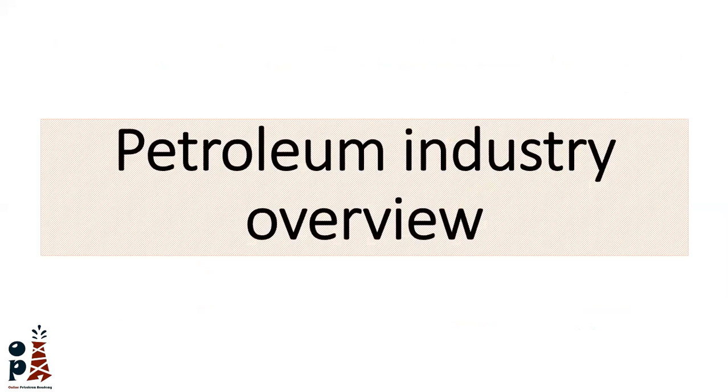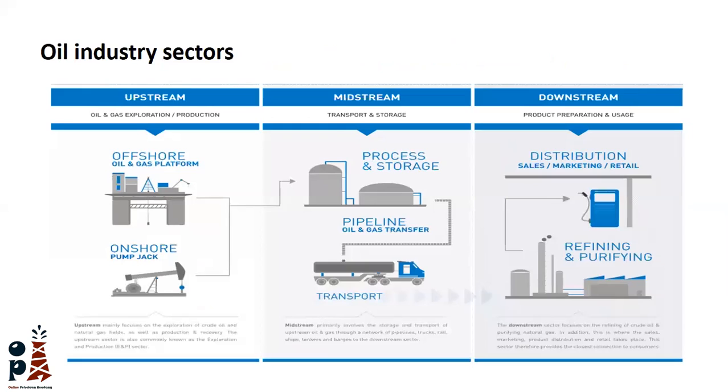We will begin with the petroleum industry overview. So what is the oil industry composed of? It's composed of three main sectors: upstream, midstream, and downstream. Upstream is where E&P exploration and production companies invest their money to extract oil and drill wells. This is the area where G&G and petroleum engineers are working.